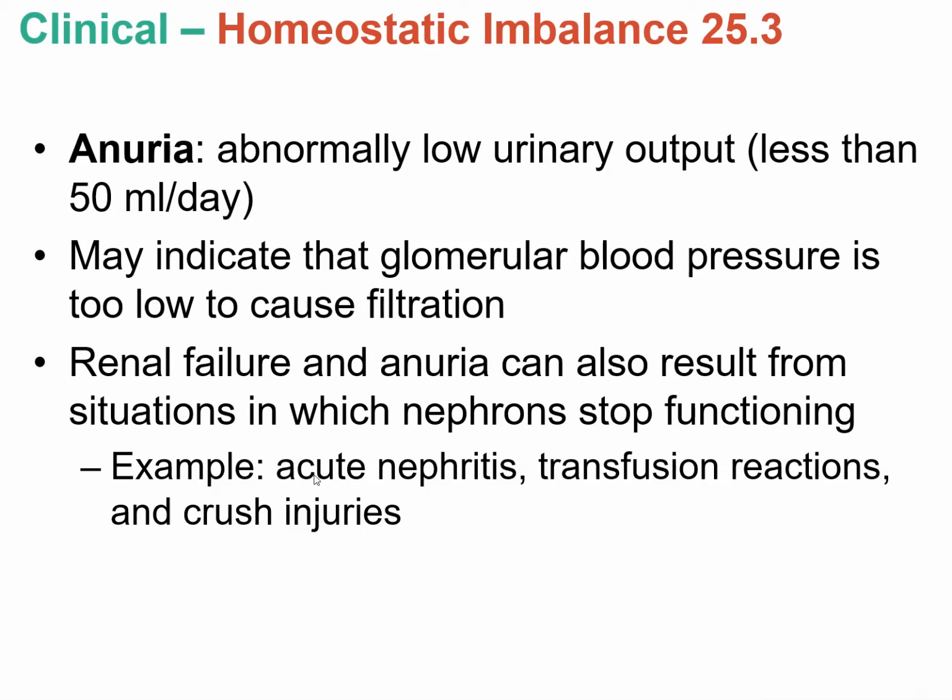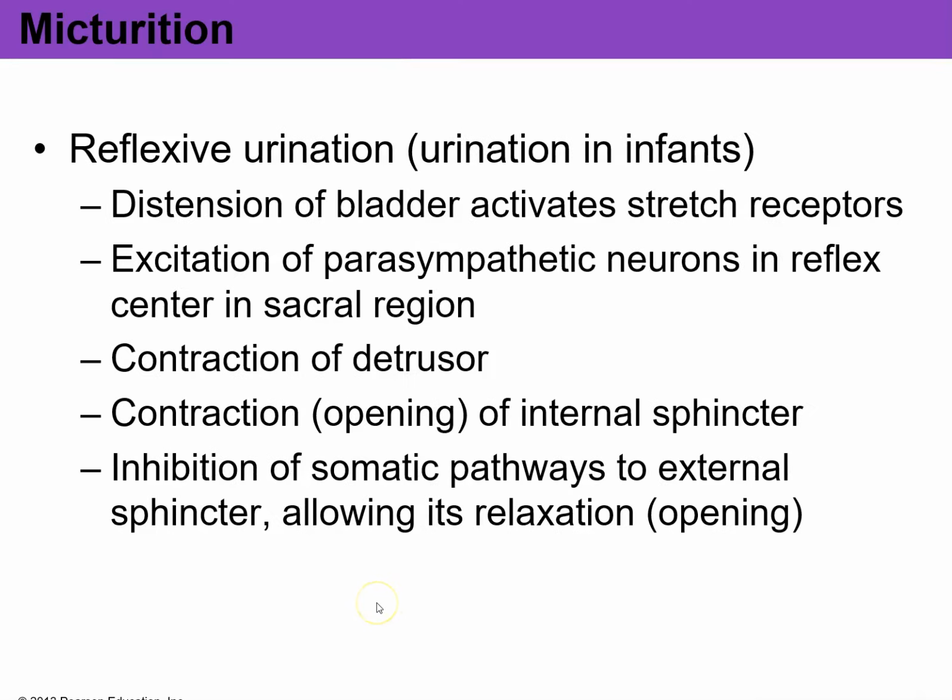If someone has congestive heart failure, the blood pressure is so low in an emergency situation, you need a certain threshold of blood pressure to be able to make filtration happen. Below that hydrostatic pressure, it doesn't happen, and there's no urine formation. Various kidney diseases can produce anuria. So when the kidneys can't filter, then we have a problem. We can't produce enough urine, and the body's in serious trouble.